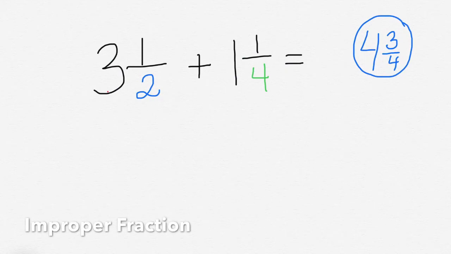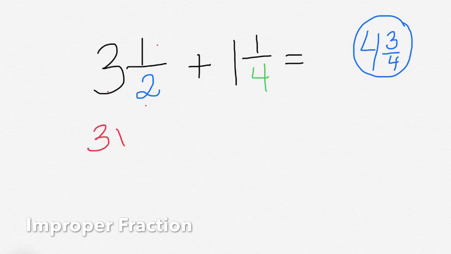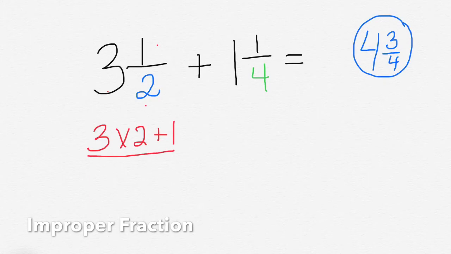The way to do that is to multiply the whole number times the denominator and then add the numerator. So we're going to multiply 3 times 2 and then add the 1, and that's all going to remain over the denominator.